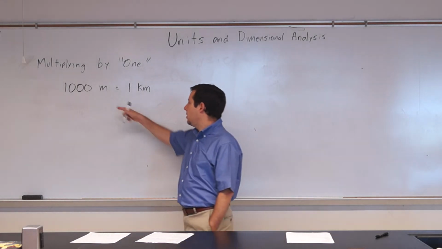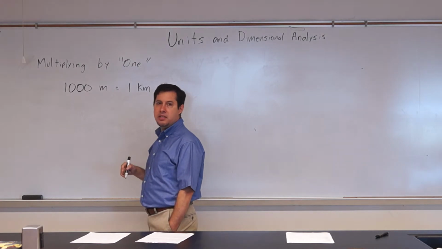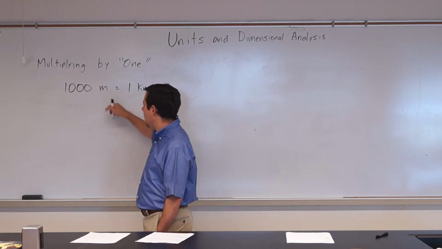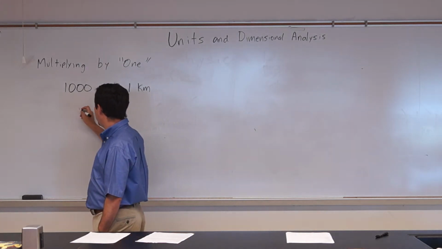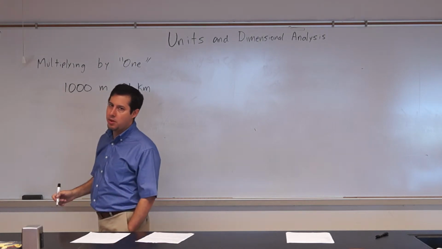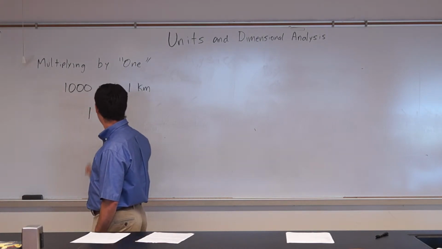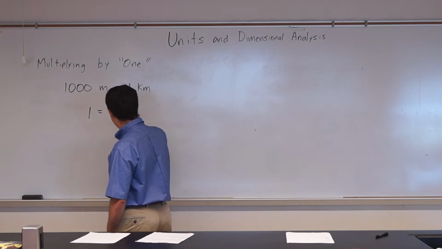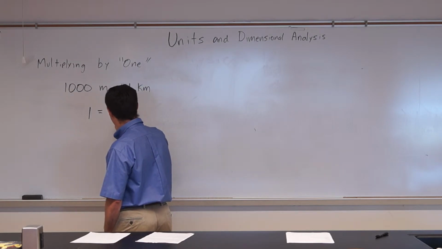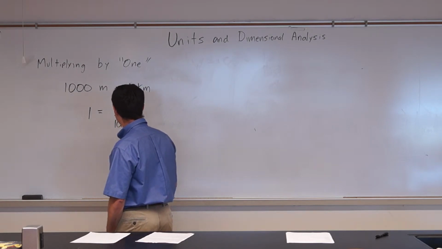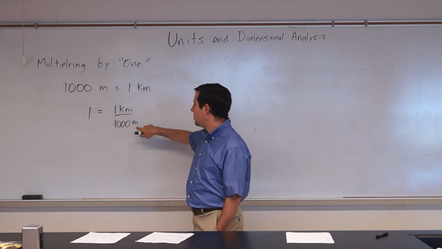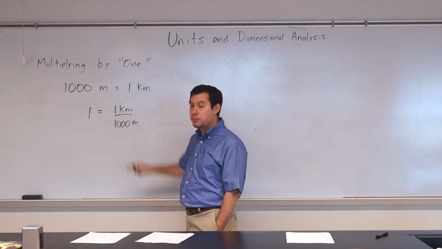If you take this equation right here and divide both sides by 1,000 meters, what you end up getting is 1,000 meters divided by 1,000 meters is 1. We know that. And 1 kilometer divided by 1,000 meters. So it's this equation, just dividing both sides by 1,000.